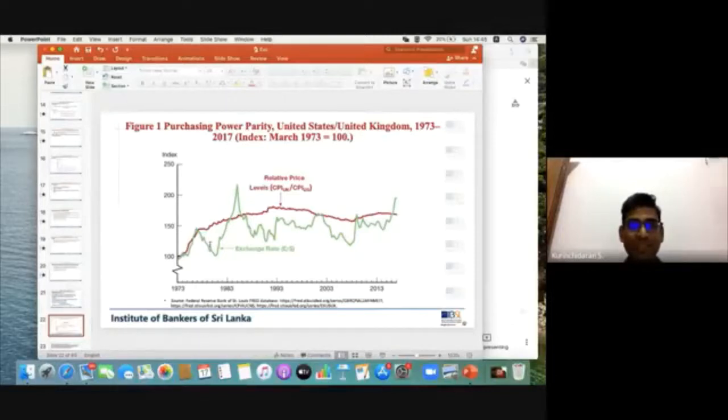That means purchasing power parity compared to exchange rate. You can see huge deviations, as I said earlier. So even though the theory says they will be similar, in practice you can see deviations.